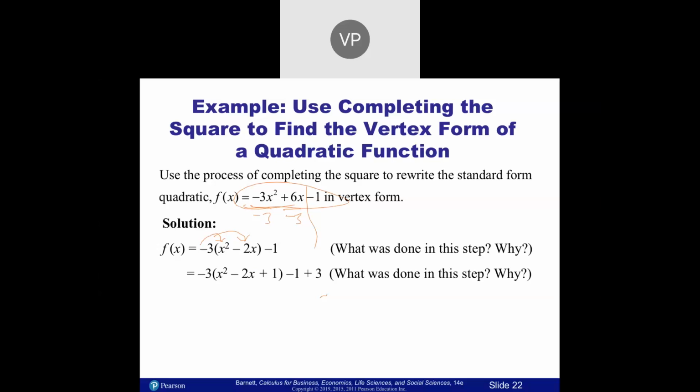Okay, so now this is the process. Notice the only thing that's different is this 1 and this 3 right here, and I'll talk about what this is. This is the step called completing the square. All right, now your book may not go through this in depth, but I'm going to go through it.